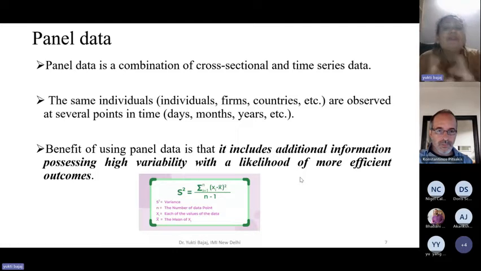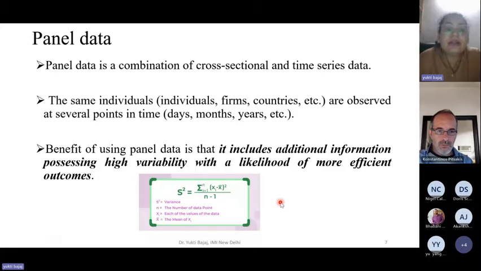The efficient outcomes are when you have the least errors, and errors we define by variance. The formula of variance is written. The more the additional information, n is going to be higher, and because of this inverse relationship, s square, the variance, is going to be lower. That's how, because of additional information, we tend to get less error, or you can say more efficient outcomes.